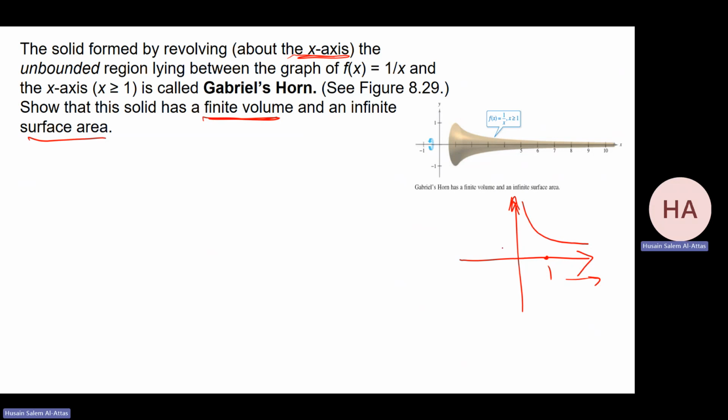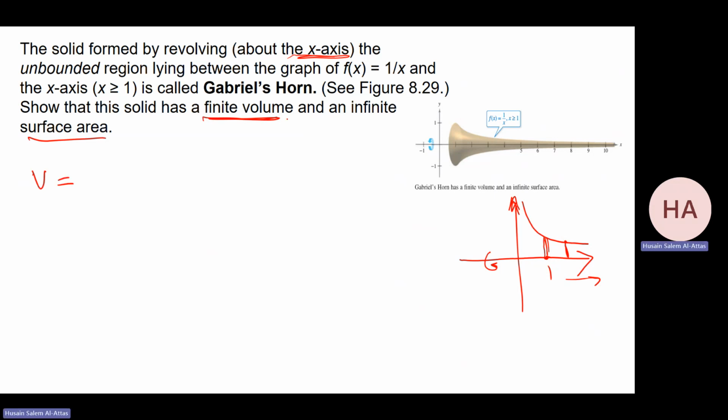Revolving about the x-axis, this is my region from 1 to infinity, starting from 1 here. So I'll take the strip.